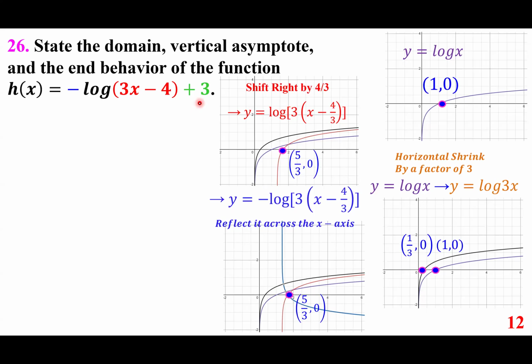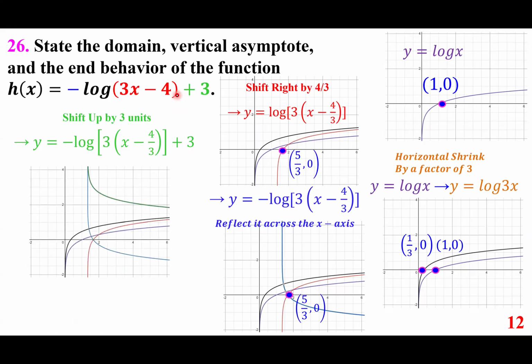Then we have plus 3, which means we're going to move it up by 3 units. So this point goes up by 3 units. So the same x coordinate, this becomes 3. So shift it up. So this now is the graph of the function. Okay, shifts up by 3 units. The result is that this point moves here, with coordinates (5/3, 0) changes to (5/3, 3).